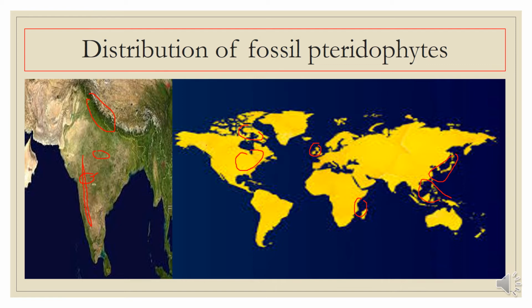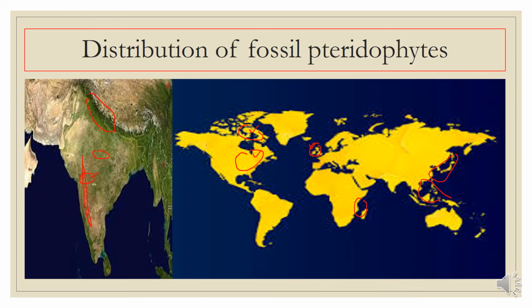And apart from that, this is the global distribution of fossil pteridophytes. However, arborescent pteridophytes were found mostly in Canada and America, and very small pteridophytes were found in Scotland and in East and Southeast Asia and India.